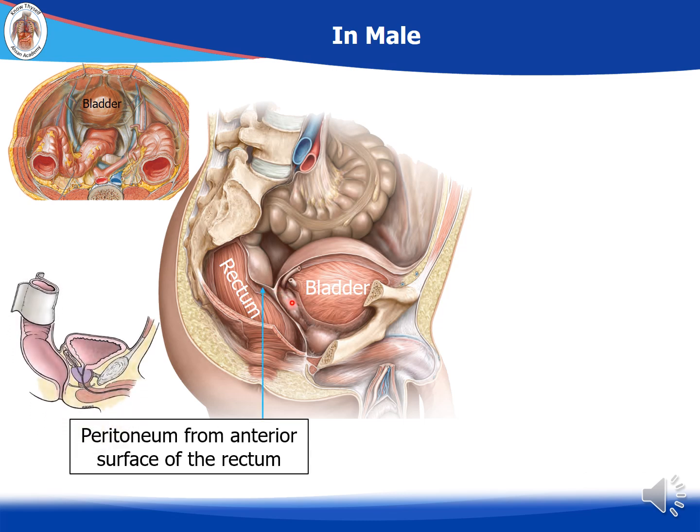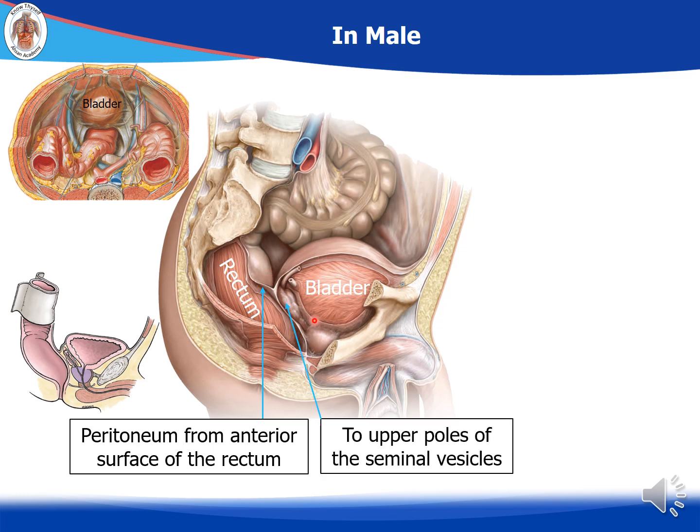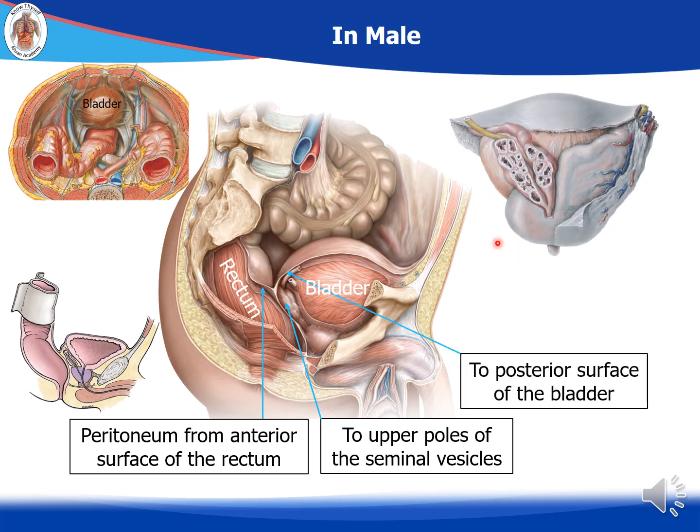So the peritoneum on the posterior wall is going down, covering the tip of the seminal vesicle, the upper pole, and going to the bladder.